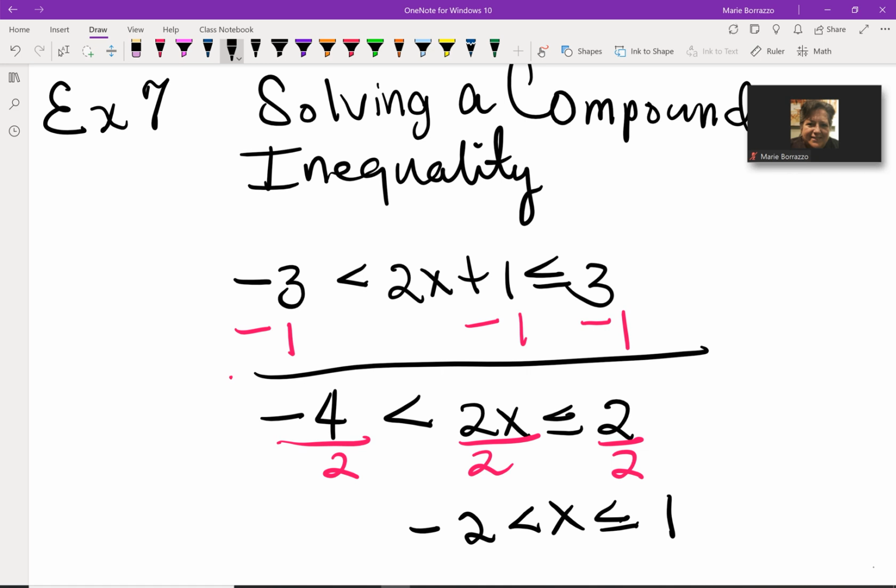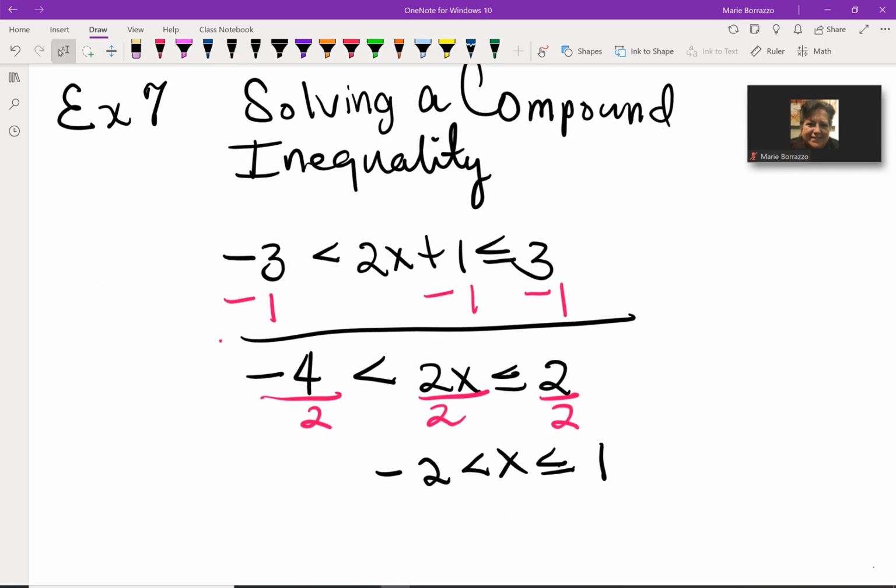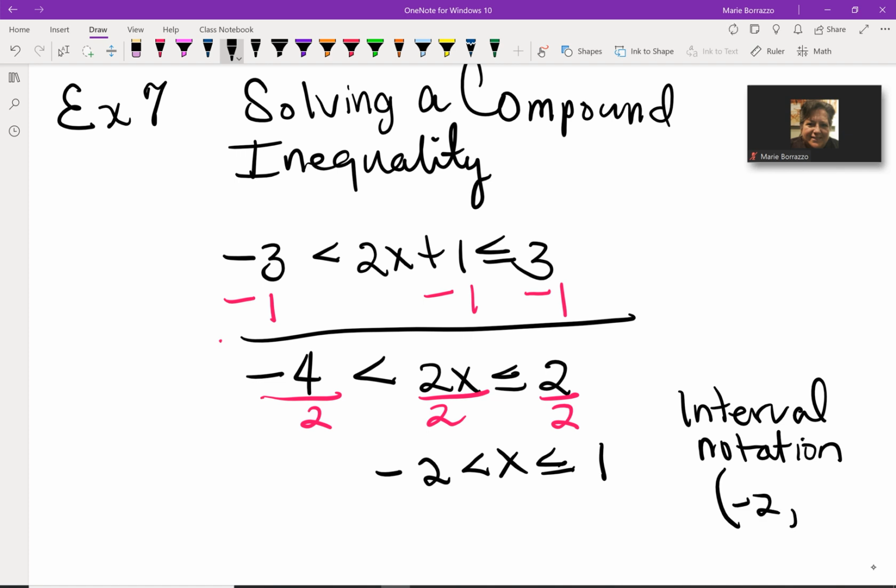And so in an example such as this, in interval notation, we're going to have the −2 not inclusive, 1 inclusive, because that has the equal to sign. Okay, so I keep saying inclusive, not inclusive. Remember, equal to sign means use the bracket.